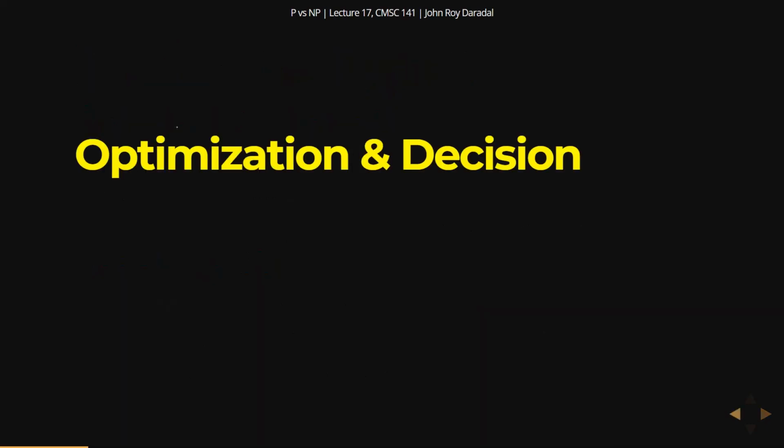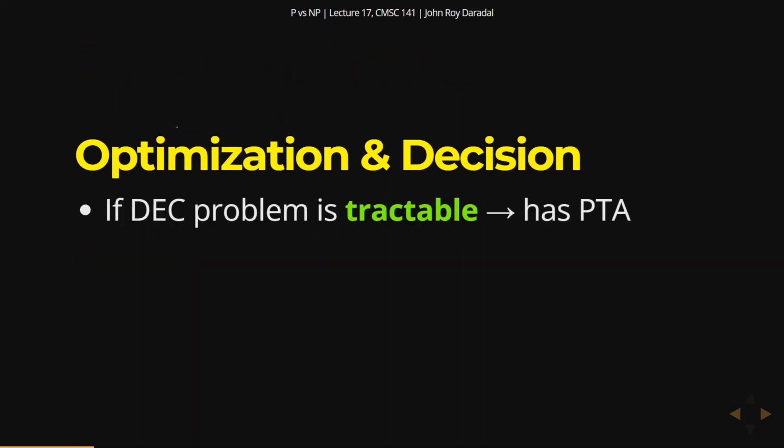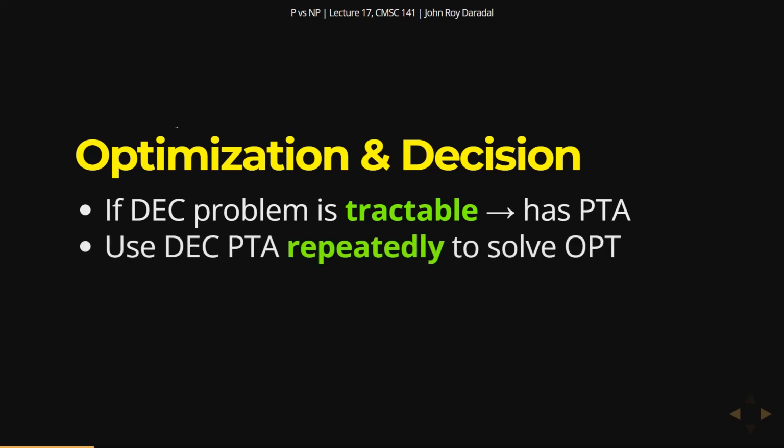Okay, now how are these two related in terms of tractability? So if the decision problem is tractable, that means that it has a polynomial time algorithm, right? Because tractable problems are assured to have polynomial time algorithms in a deterministic computer.